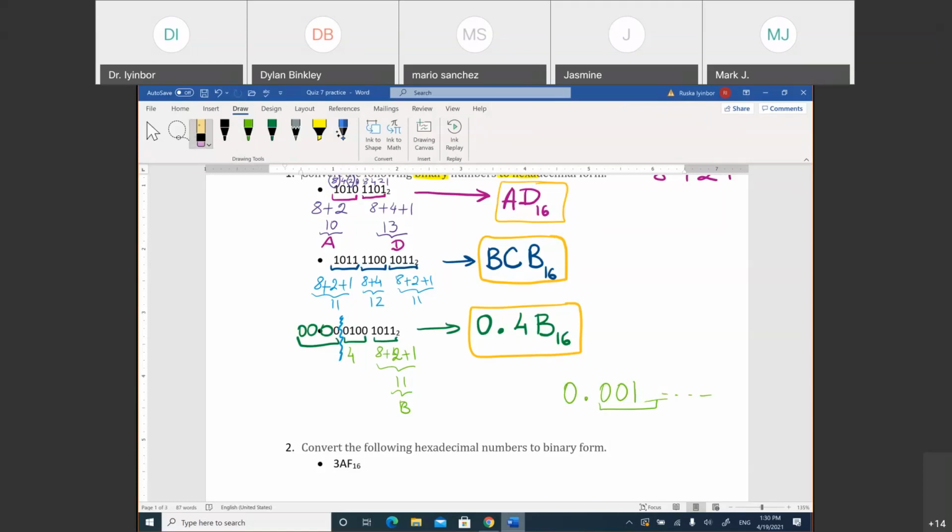Make sense? Is that what you're asking? Yes. So for example, if you have 0.01, you're going to fill this out with 2 zeros, because you can put as many zeros as you want after, and you can put as many zeros as you want in front. They're not going to change the number. So that's how you're going to fill it out.